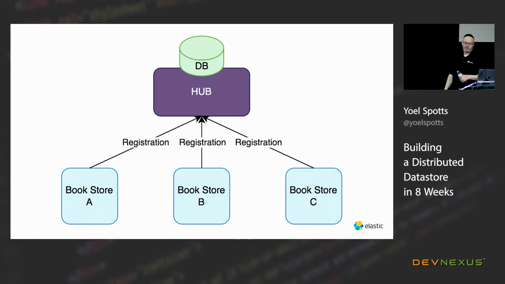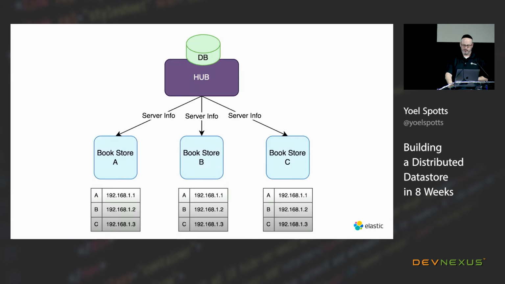So they've got a hub, which has its own database, and when each of the bookstore's servers come up, they register with the hub. So they register themselves, provide the IP address of how they can be located, and the fact that they exist. The next part is, the hub then propagates that information amongst all the different bookstores.